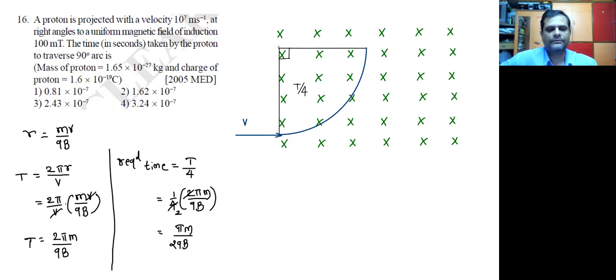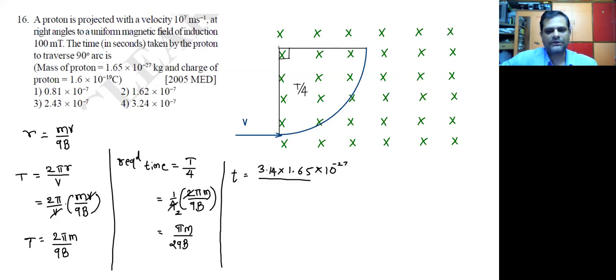And now we have to put all the values here. So the required time here will actually be equal to pi, which is 3.14, into m, that is the mass of proton, which is already given there, that is 1.65 into 10 raised to minus 27 kilogram. No doubt, the unit is the standard one only.